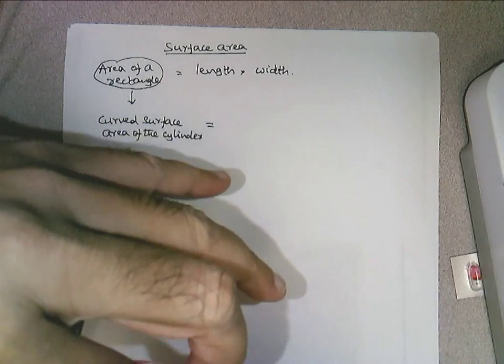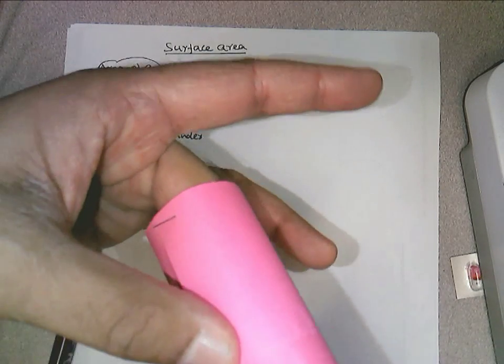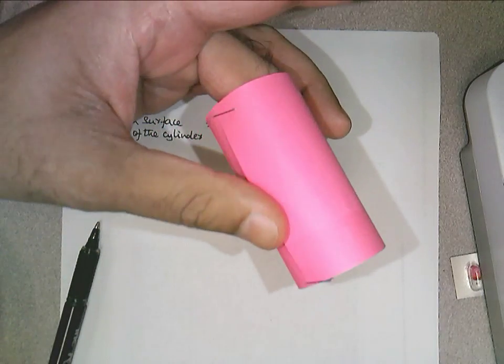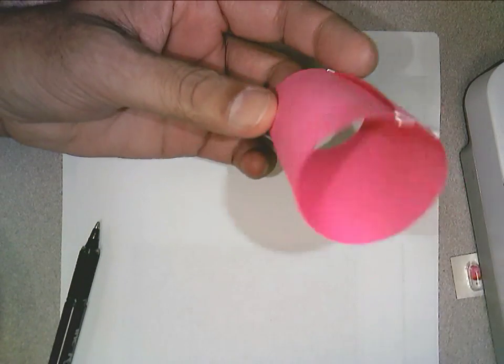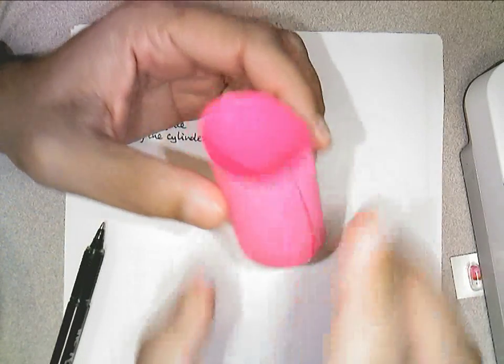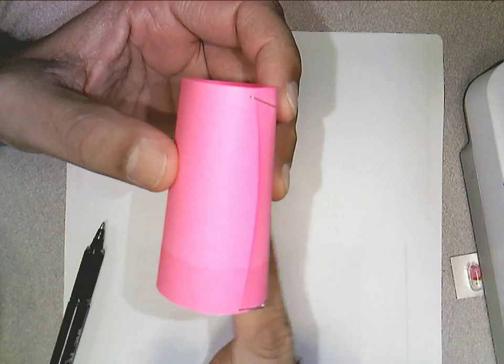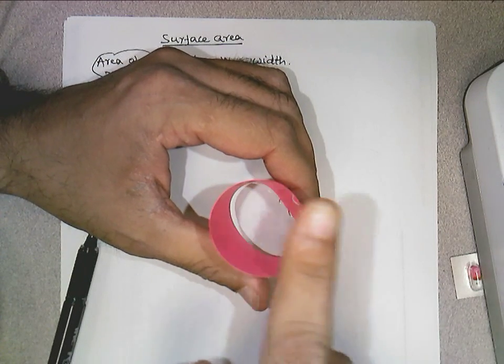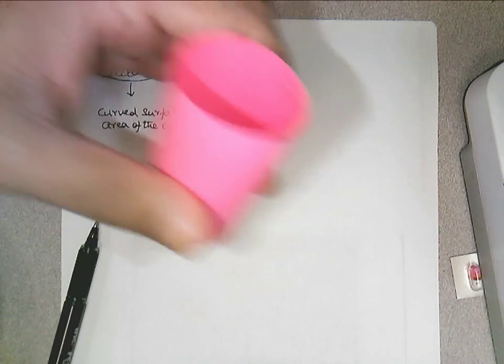Now this is in the shape of a cylinder. You see that this is completely curved surface area. This is the flat one that we will discuss a little later.